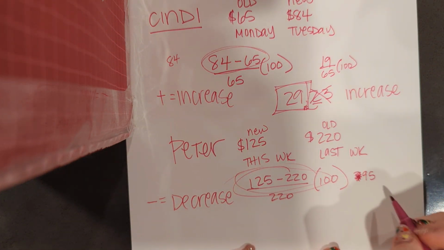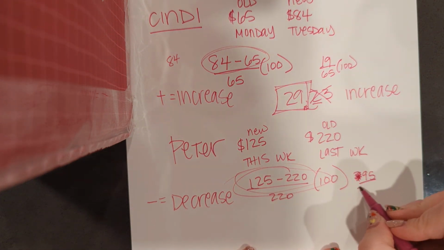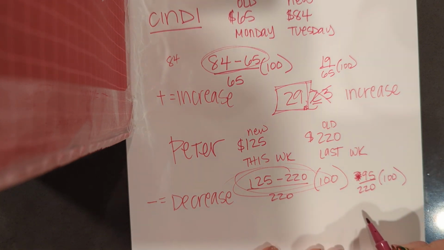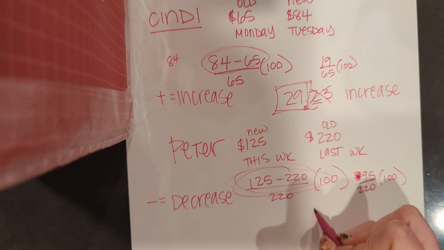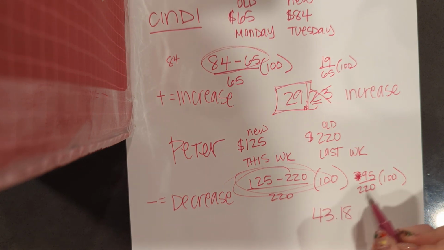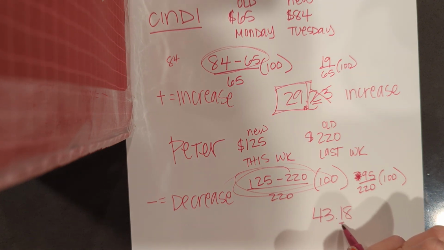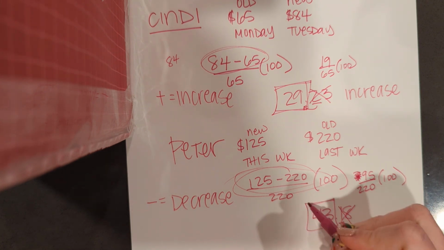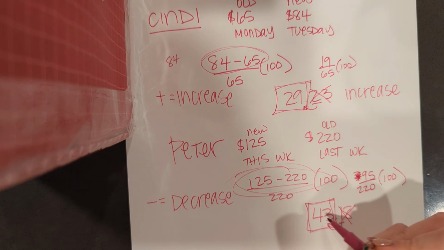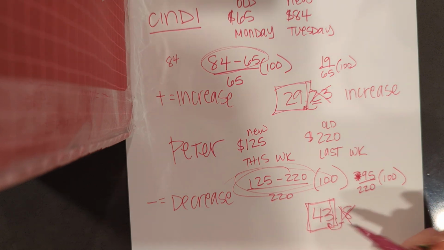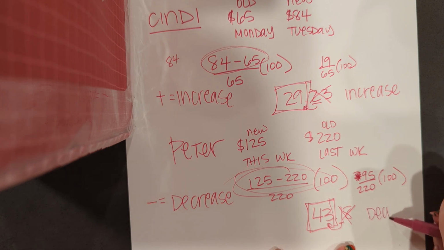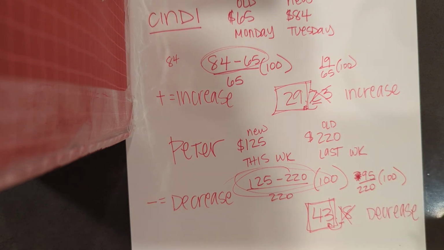So we have 95 over the old, which was 220. And we multiplied that by 100. We got 43.18181818. Does the 1 push the 3 up? Nope. So my answer in the box that says answer is 43. Because it was a negative 43, I need to make sure that in the increase and decrease column, I write decrease.